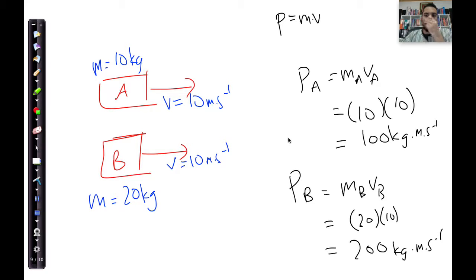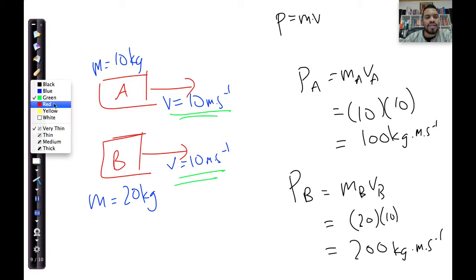Okay, so what I want you to do is think carefully about the two objects that I've given you, the first object and the second object. Object A and object B have the same velocities, but they've got different masses. What can we say about object B versus object A?